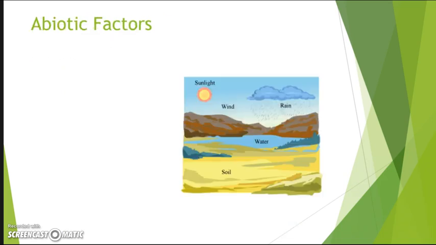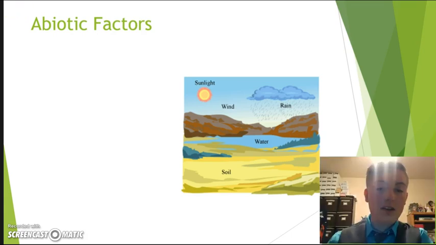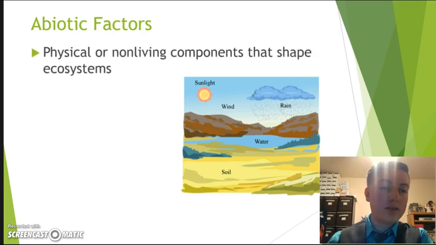So now, since we really talked about biotic factors yesterday and those ecosystem interactions, today I want to focus more on the abiotic factors. So the abiotic factors, those are the physical or non-living components that shape an ecosystem. So you can see here, I included a picture.